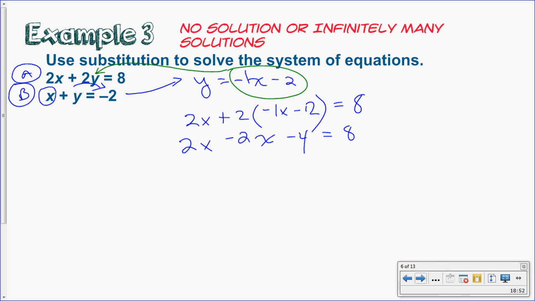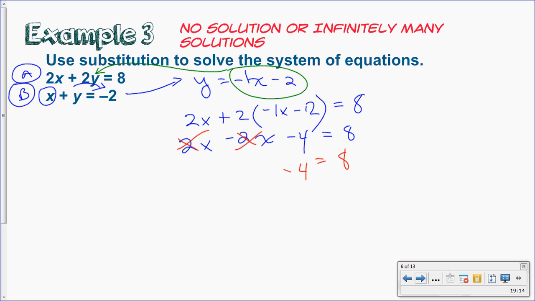Very good. Why is it no solution? Because -4 is fine, that's your statement? So it's no solution. What's the scenario then? What are my lines doing? Parallel, very good. What would happen if the left side, all your variables canceled out and your left side equaled the right side?